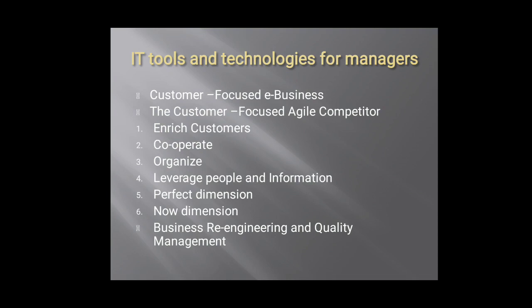Next is business re-engineering and quality management. One of the most important competitive strategies today is business process re-engineering, most often simply called re-engineering. Re-engineering is reprocessing the task to get an output or a benefit. Re-engineering is more than automating business. Automating is updating a business, and re-engineering is fundamental rethinking and radical redesign of business processes to achieve dramatic improvements in cost, quality, speed, and service.